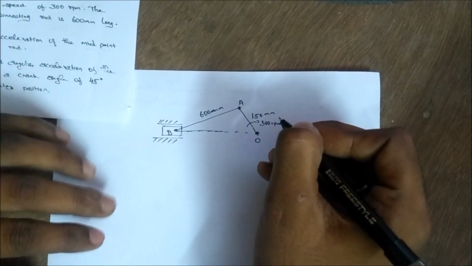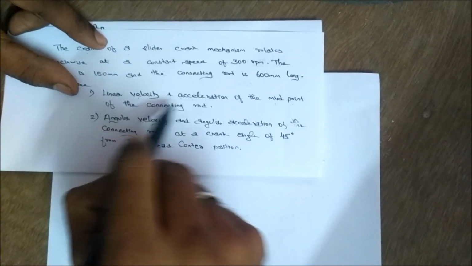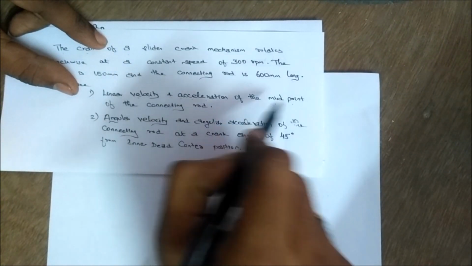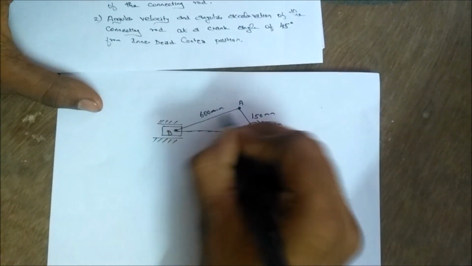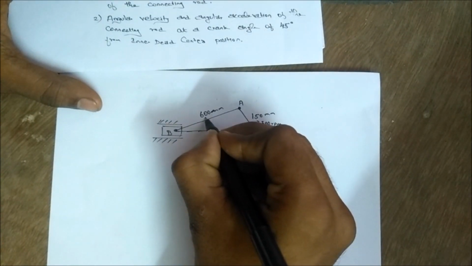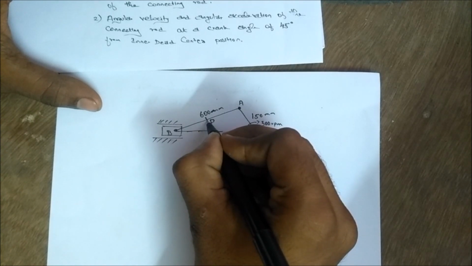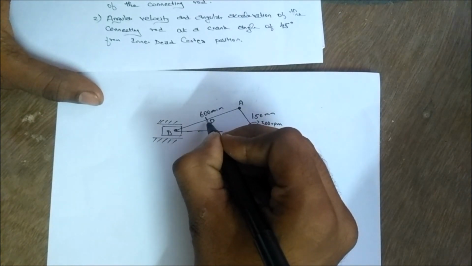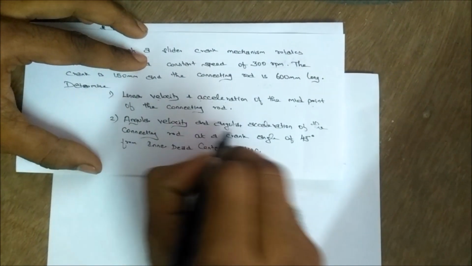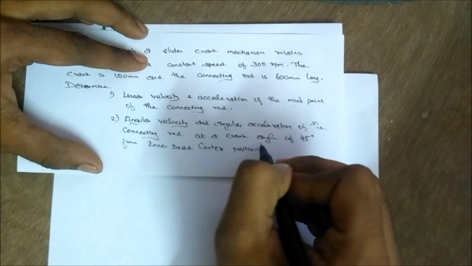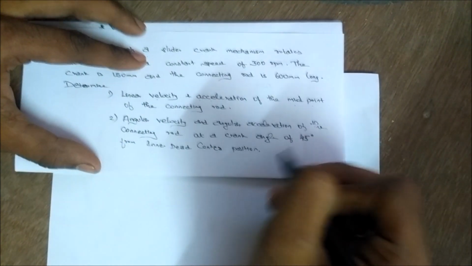Okay, now these are the given data. We need to find out the linear velocity and linear acceleration of the midpoint of the connecting rod. That means this is the connecting rod. On the midpoint of it, we need to find out the linear velocity and acceleration, and then we are going to find out the angular velocity and angular acceleration of the connecting rod at a crank angle of 45 degrees from the inner dead center position.